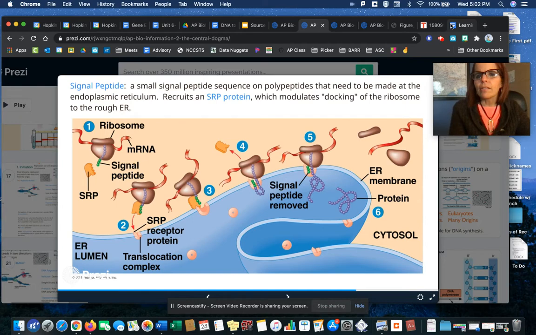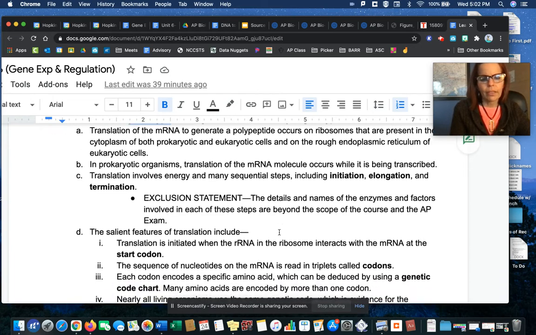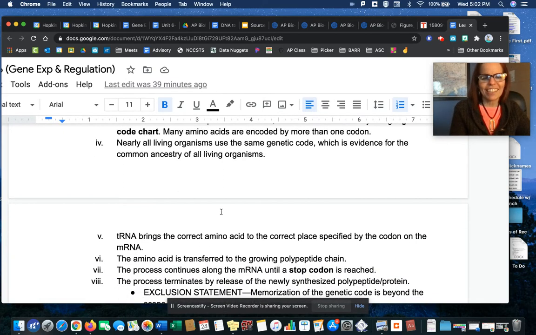All right, so let's keep going and take a look at how we're doing here. Initiation, elongation, and termination. Translation is initiated when RNA in the ribosome interacts with the mRNA at the start codon. Triplets are called codons, genetic code chart.